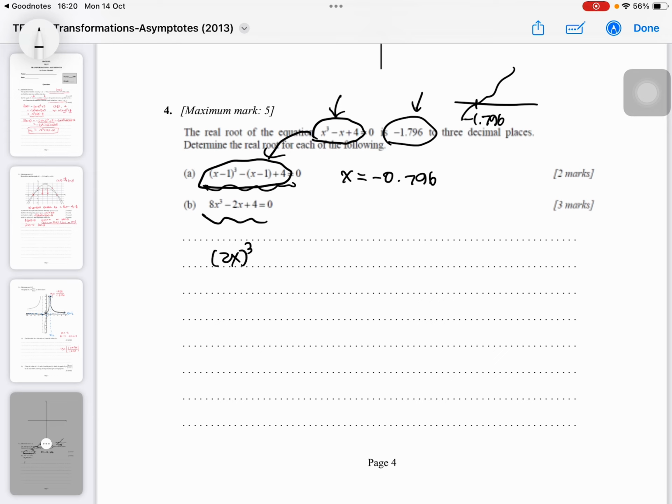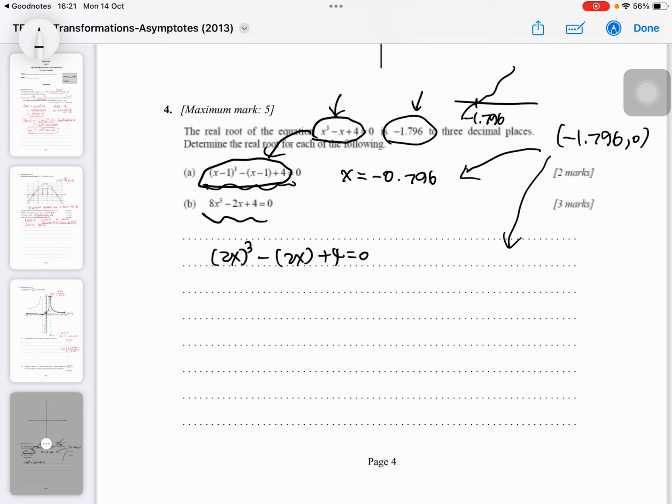And this one, what is changed? 2x cubed minus 2x plus 4 equals 0. So it was negative 1.796 in the original function. The first one has this 1 unit to the right. So now we have this root. Now we have 2x. So when it becomes 2x, it is the horizontal stretch, but it's not stretch, it's compression by a factor of 1 over 2.